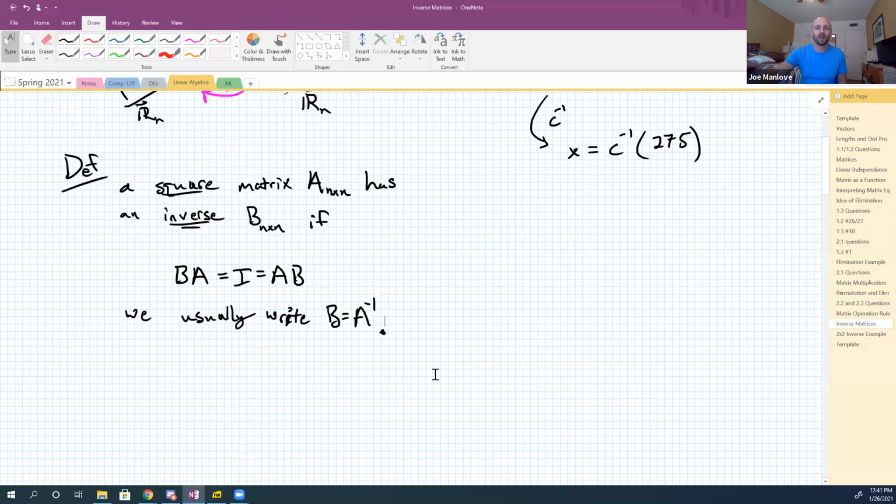Let's do a quick example. Easiest example ever. The matrix 1, 0, 0, 1 has an inverse. What is it?